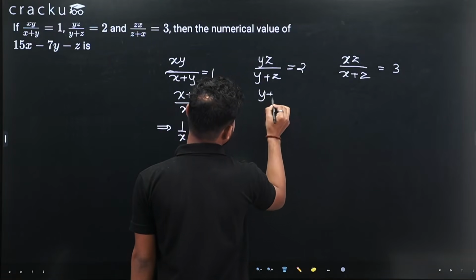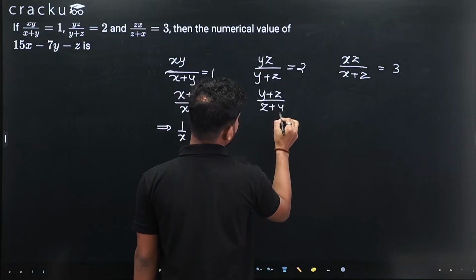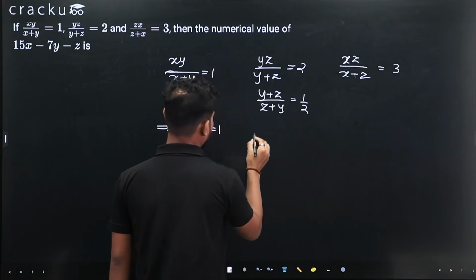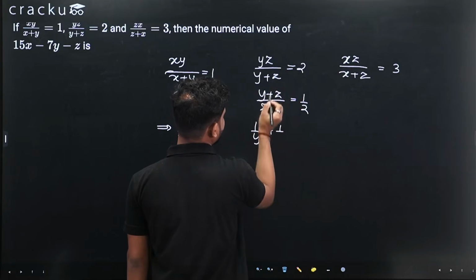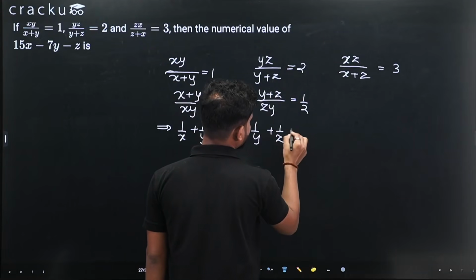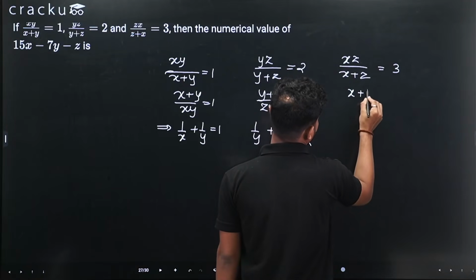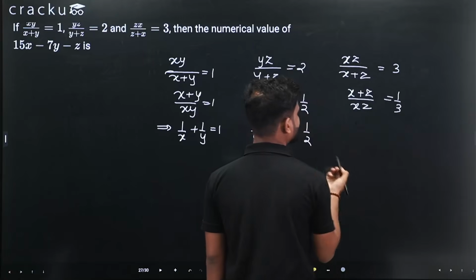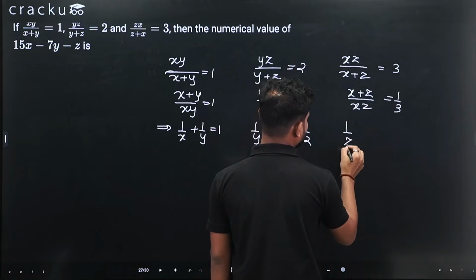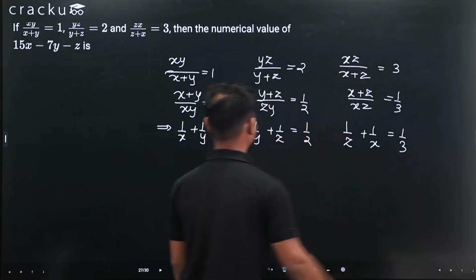Similarly, y plus z upon zy is 1 by 2, or 1 by y plus 1 by z is nothing but 1 by 2. Here x plus z upon xz will be 1 by 3. Split the denominator: 1 by z plus 1 by x is 1 by 3.